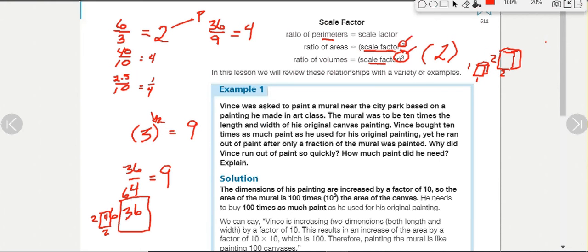Volume is cubed, so the scale factor for volume is 8.